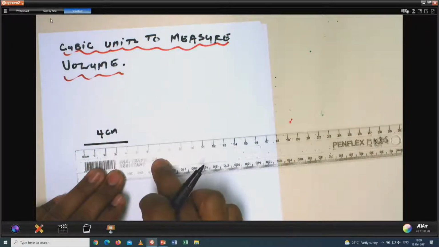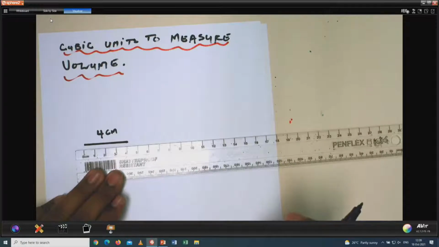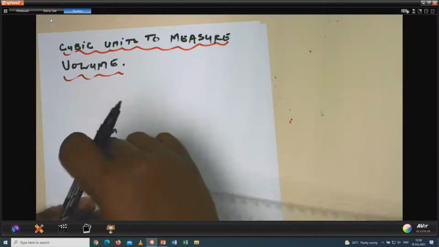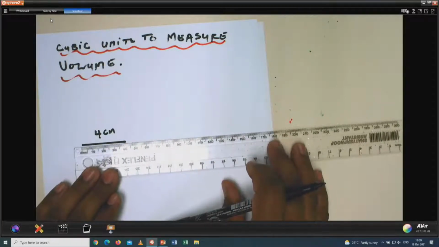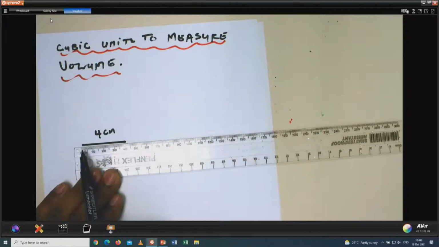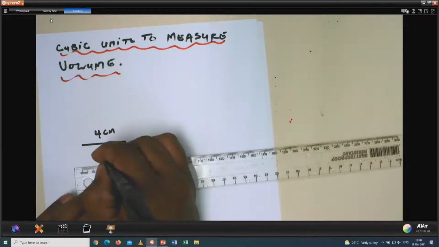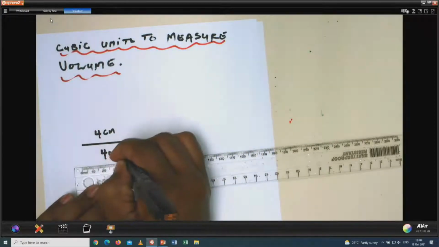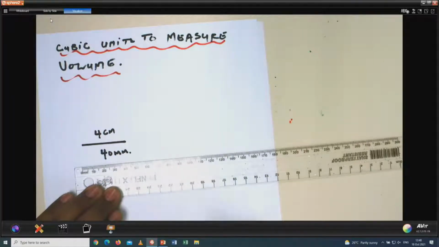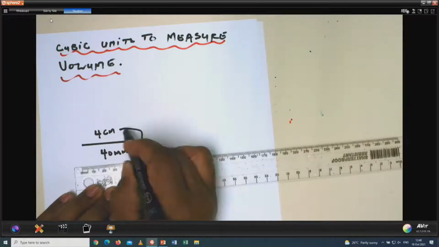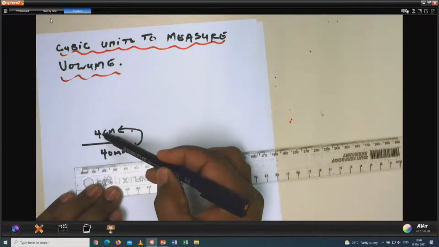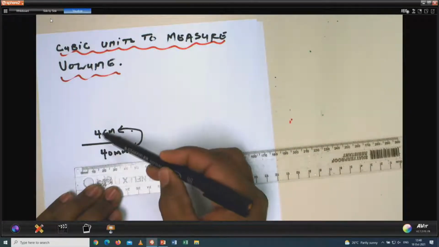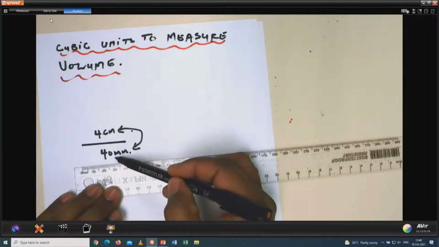Let's check in terms of millimeters. This line of 4 centimeters starts at 0 millimeters, and it is equivalent to what? 40 millimeters. Let us check the relationship between the two. The 4 centimeters is equal to 40 millimeters.